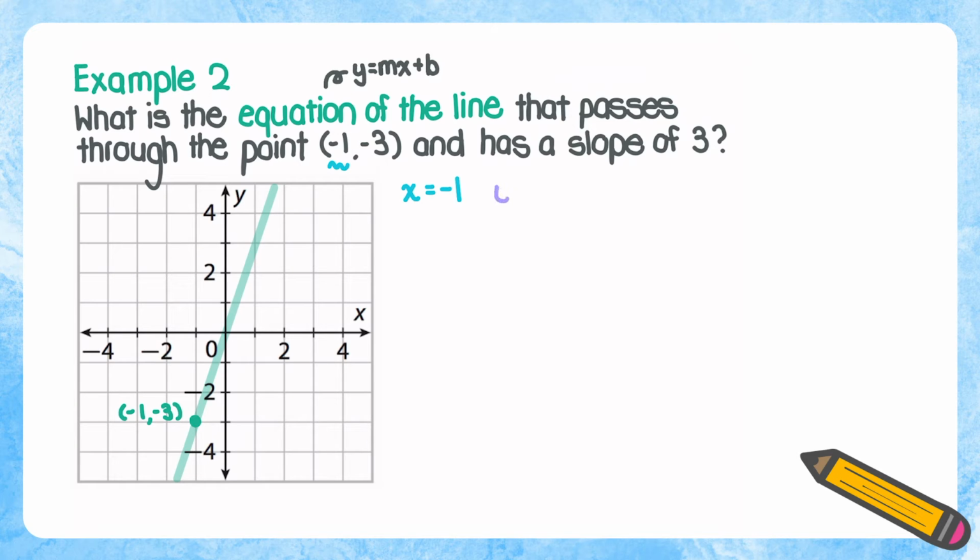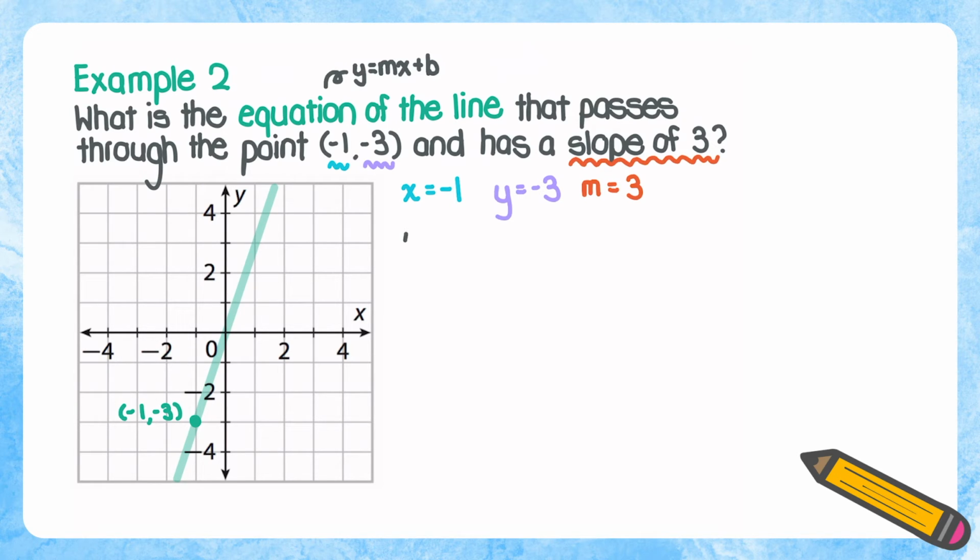And then y equals -3, again based on the given point. And the problem tells us that the slope is 3 in this case. So I have the x, y, and m values, so let's plug this in.